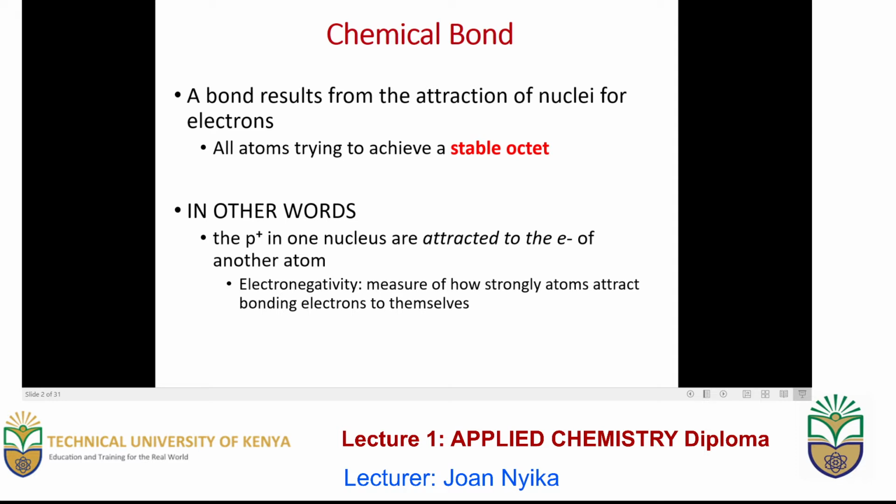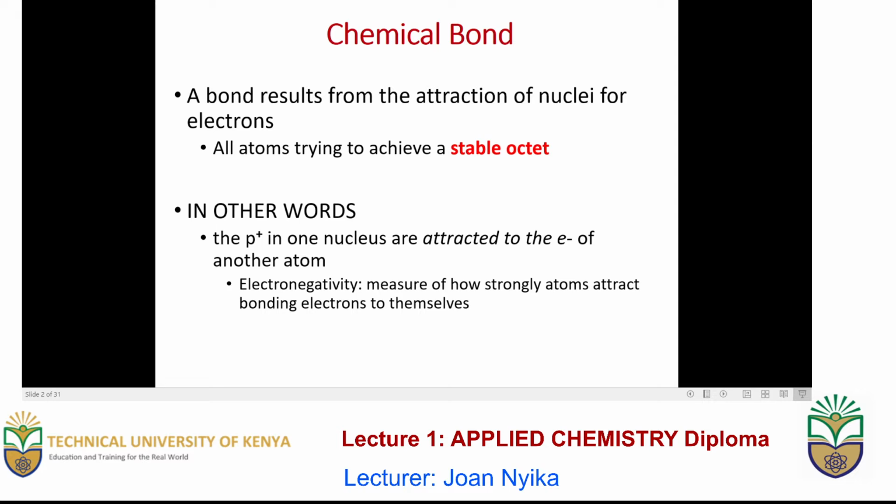Usually when a chemical bond occurs, both atoms that are losing or gaining electrons or getting attracted to each other are looking for a stable state, what we call an octet state.